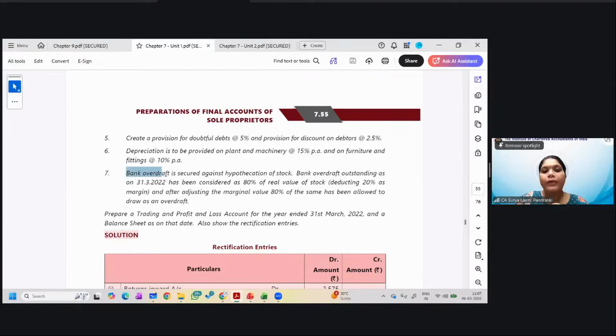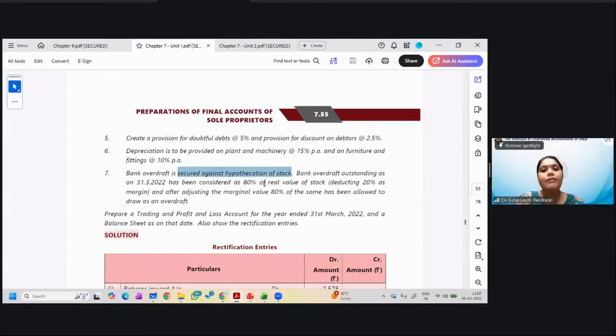Now, bank overdraft, they are giving some information about bank overdraft. Bank overdraft is secured against hypothecation of stock, which means you have a closing stock. That closing stock is hypothecated. Hypothecated means what? We will hypothecate it with the bank, saying that I will give this as a guarantee to you. I'm securing. I'm taking a bank overdraft. Why will a bank give me a bank overdraft without even giving any security? So as a security, I am giving my closing stock as a hypothecation.